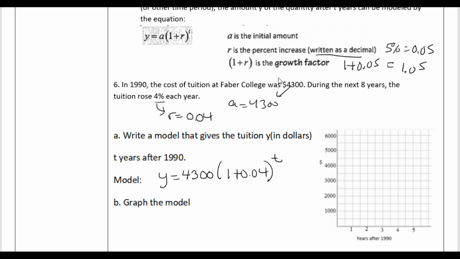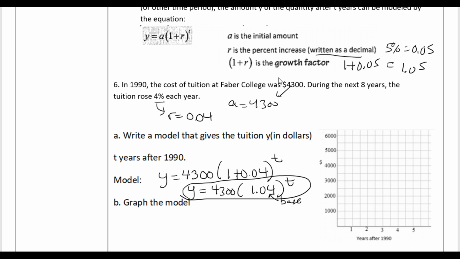All right, that's our model. And I'm going to simplify that. So that simplifies to 4,300 times 1.04 to the t power. All right, so that's our final model. And notice that this is an exponential. That's our base. That's our exponent. And then that makes it vertically stretched by 4,300.